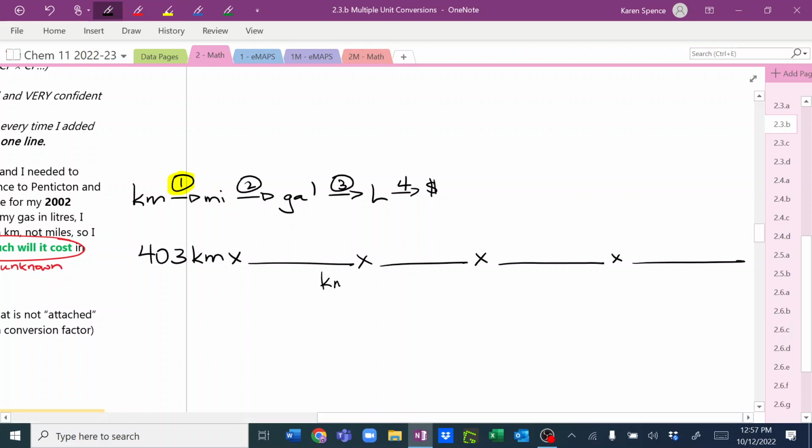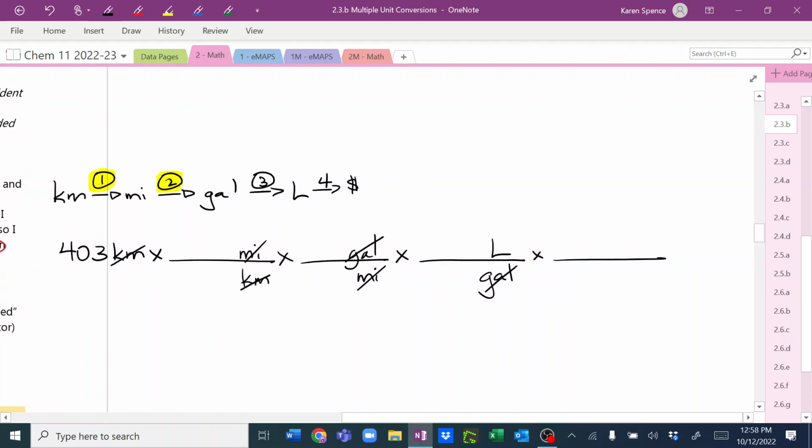On the bottom. And miles will go on the top. Next one, we're going from miles to gallons. So miles go on the bottom and gallons go on the top. Gallons to liters, so gallons cancel out by going on the bottom and liters go on the top. And finally, we cancel out liters and find our dollars, and I'll put them over here because normally we write the dollar sign first.